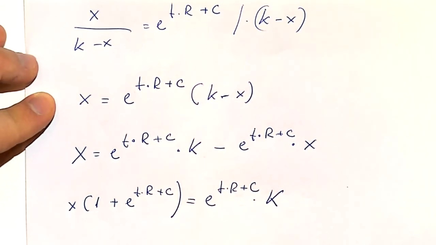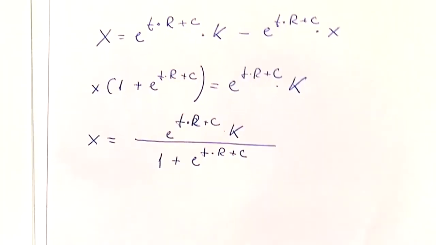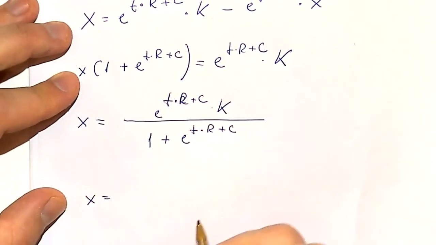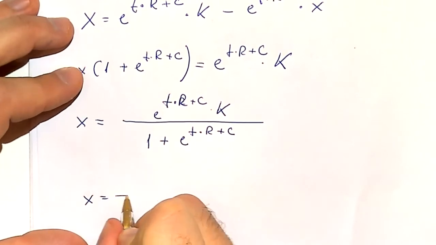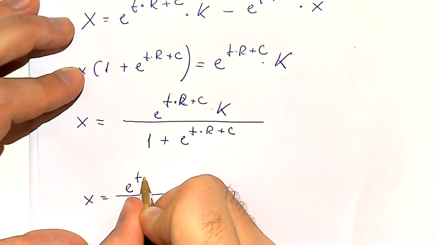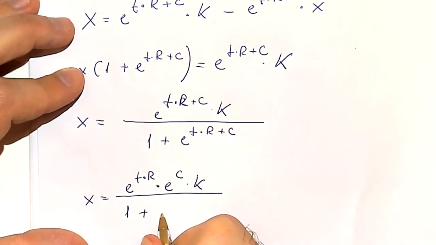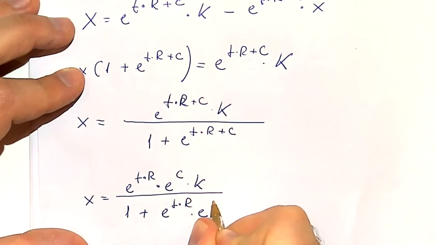So x is just equal to e to the power of tr plus c, multiplied by k, over 1 plus e to the power of tr plus c. Okay. Now, if you want to be a little bit more fancy, I mean, not fancy, it's literally the same exact thing, I can just write everything as e to the tr multiplied by e to the power of the constant, multiplied by k, over 1 plus e to the tr multiplied by e to the power of the constant.